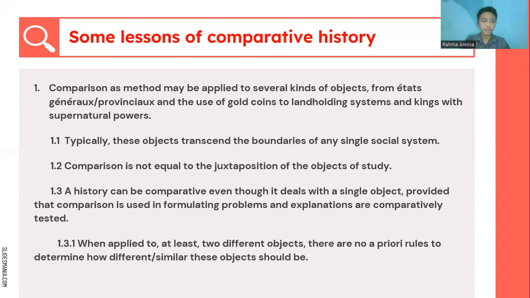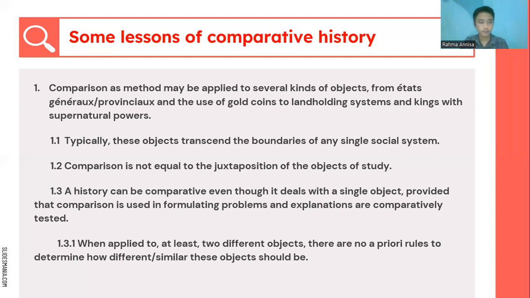And then 1.2, still from point 1, comparison is not equal to the juxtaposition of the objects of study. And then 1.3, a history can be comparative even though it deals with a single object, provided that comparison is used in formulating problems and explanations are comparatively tested.